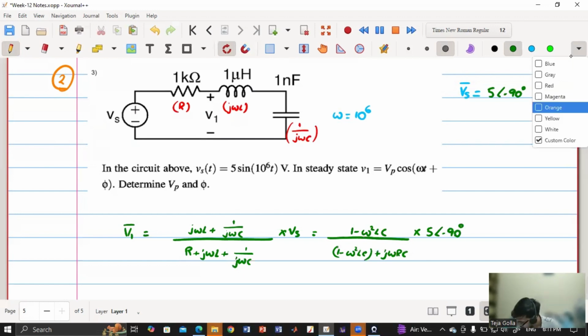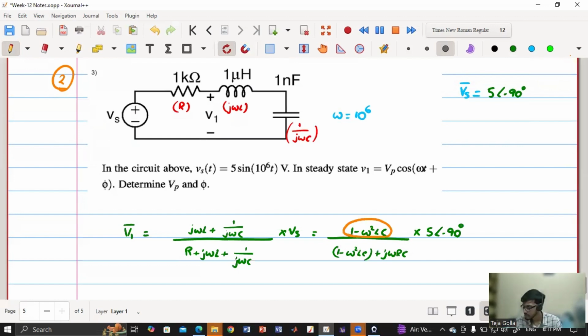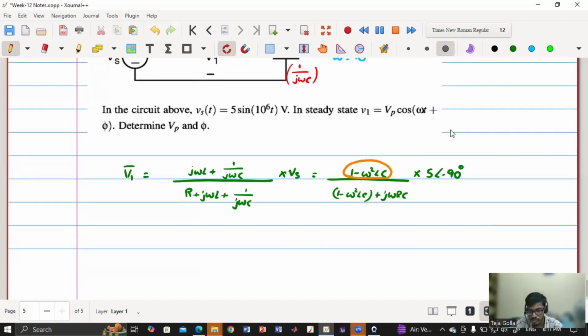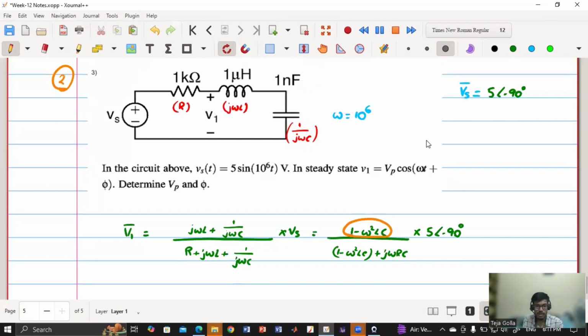Now tell me the value of 1 minus omega square LC. What is the value of L and C? L is 1 micro, C is 1 nano, omega is 10 to the power 6. So 10 to the power 12 into 10 to the power minus 15 is 10 to the power minus 3.